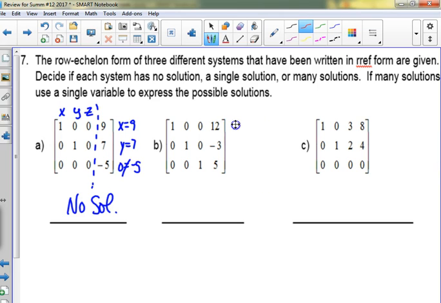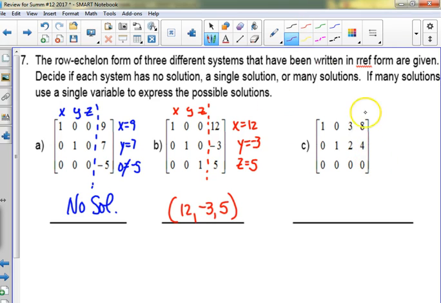The second one, if this is X, Y, Z, and this is an augmented matrix, this is X equals 12, Y equals -3, and 1Z equals 5. So we get 12, -3, and 5. What does this last one mean?